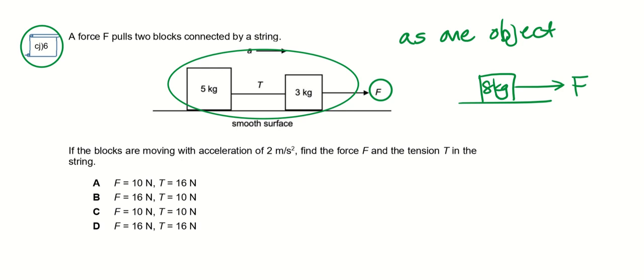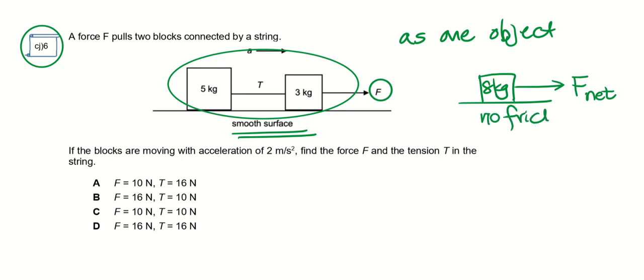If there is no friction, because it's a smooth surface, then this pulling force F actually becomes the F net, right? Because in the horizontal direction, there is only this pulling force. There is no friction.